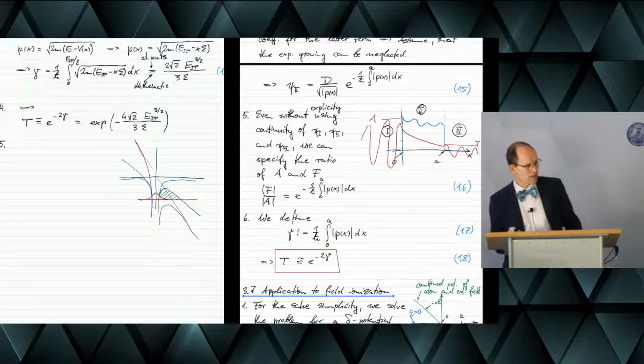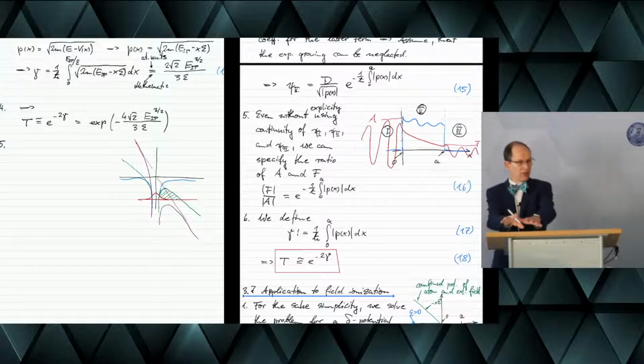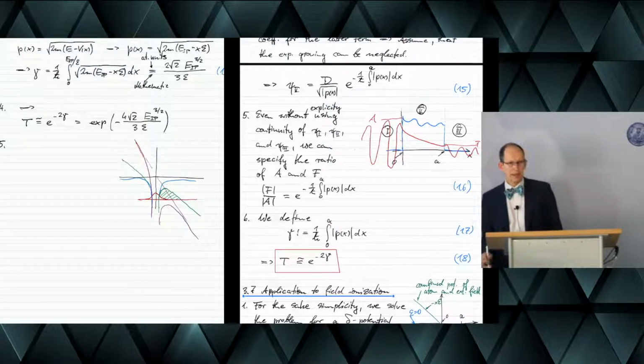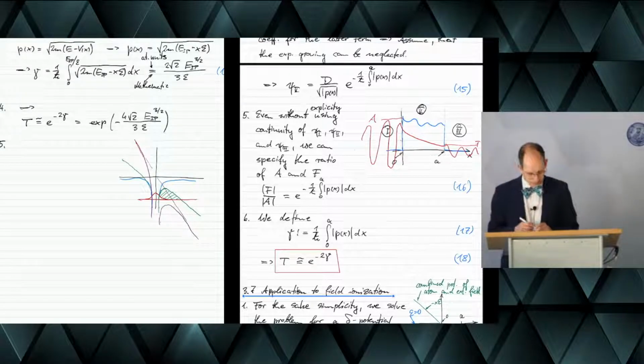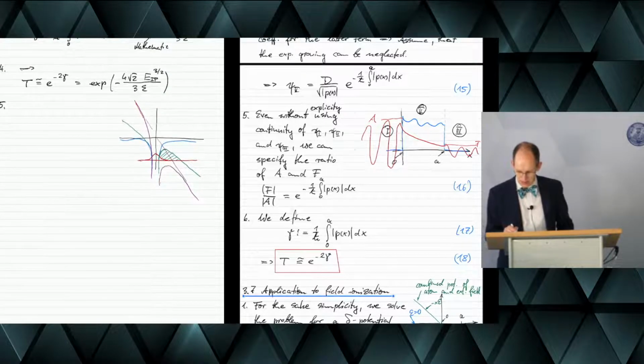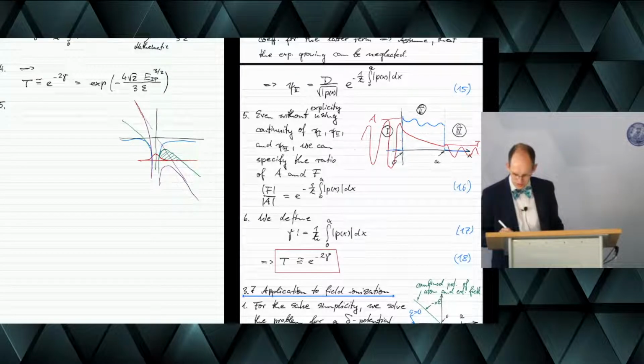I'm not sure whether Matthias discussed that. Barrier suppression intensity, I think he discussed that, right? And then, of course, we are lost here with this approach, and accordingly we should not use these expressions for this situation here.